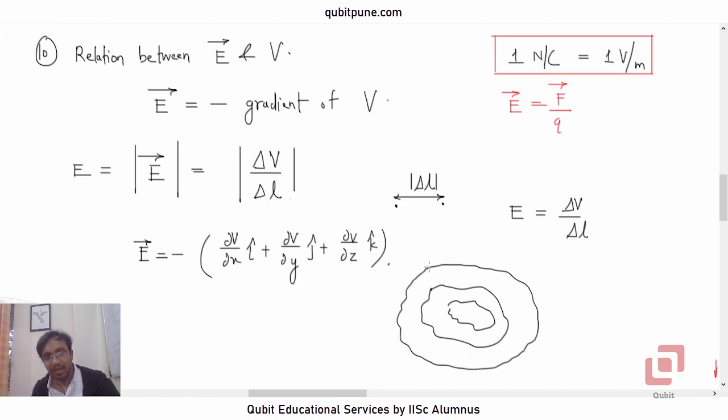Contour lines are those lines shown on the map which correspond to three-dimensional curves, where every point has the same value of height from the sea surface level, or elevation. So that elevation in the context of a map is what potential is in the context of electrostatics. So the contour lines refer to equipotential surfaces.